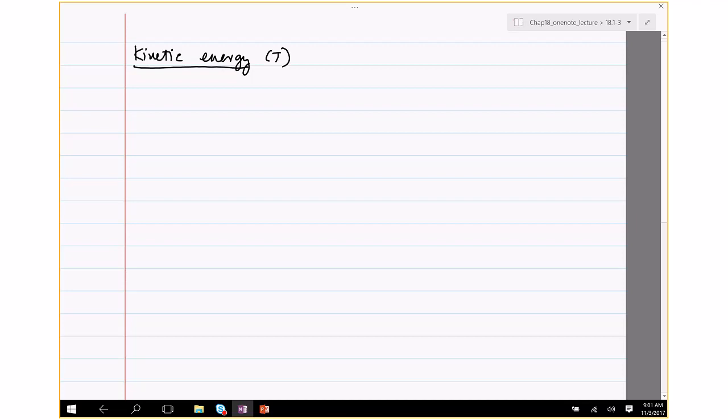Okay, so in chapter 17, we've seen that there can be pure translation, or there could be rotation about a fixed axis, or there could be a general planar motion, where you do not have a particular axis of rotation. In each of these cases, we can find the kinetic energy.